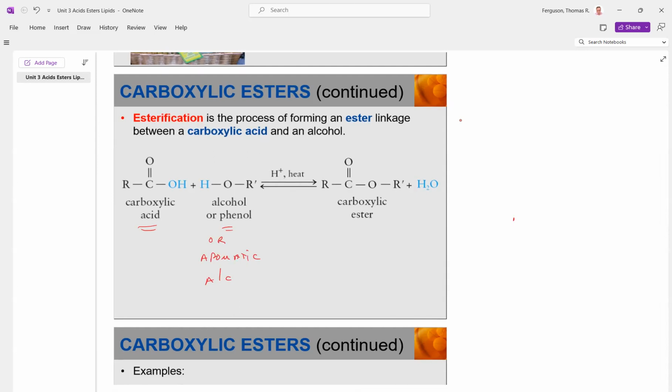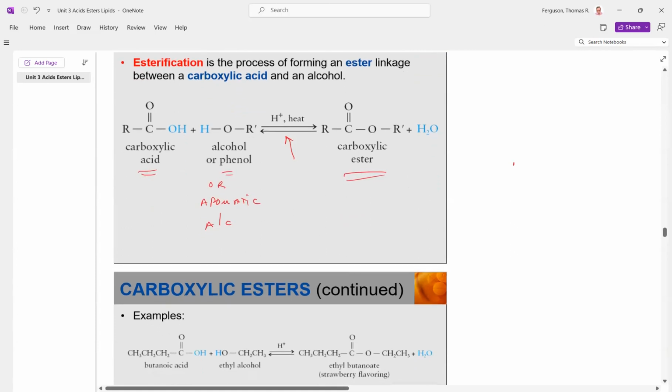Okay, so under heat and acidic conditions, we make the ester. Notice, it's a two-way street. And if you take an ester under basic conditions, you break the ester apart.